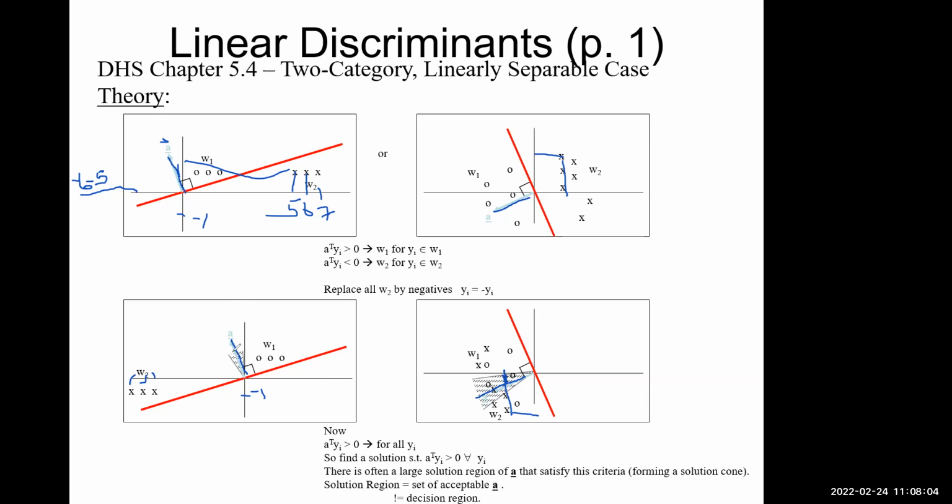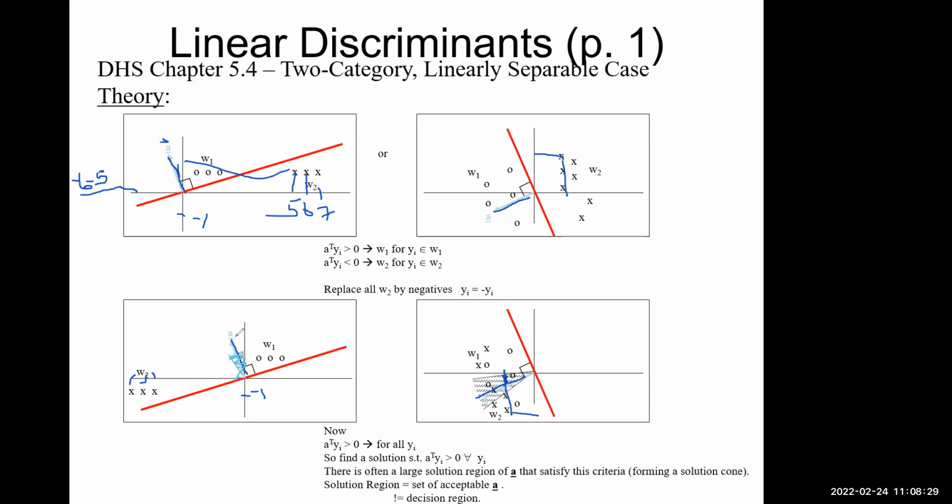And then what these diagrams are showing next is that there's a range, a region, where that vector can lie, which will then satisfy that all your X's and O's are on the same side of your line. And we've got some room to wiggle that.